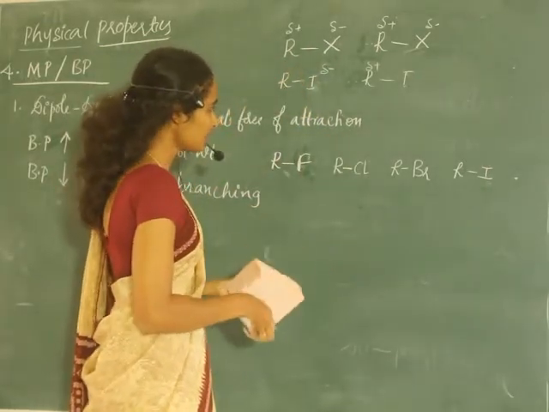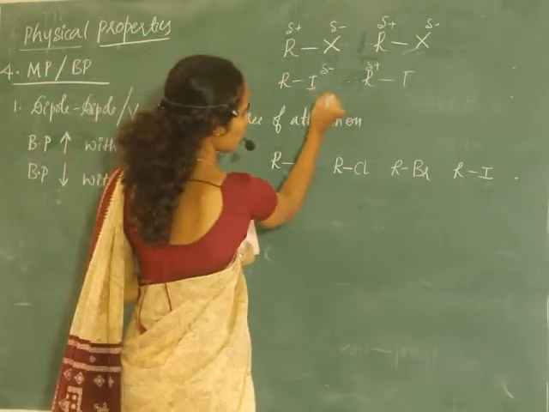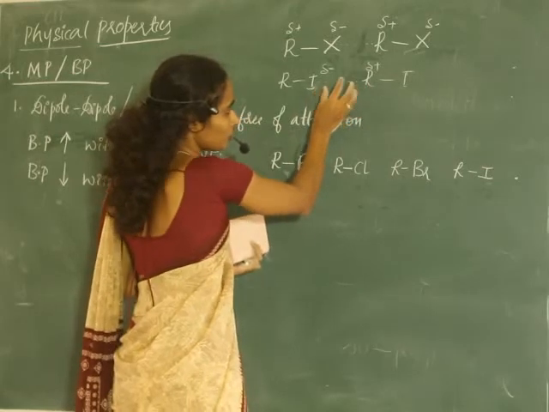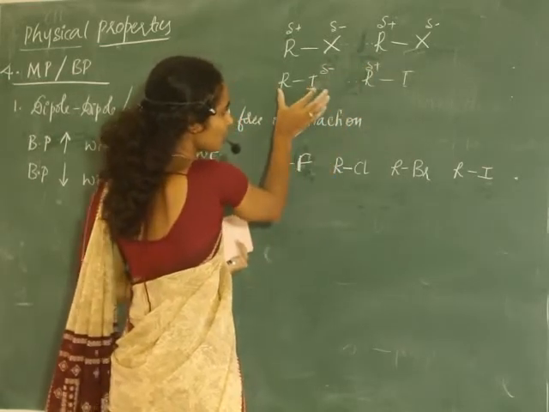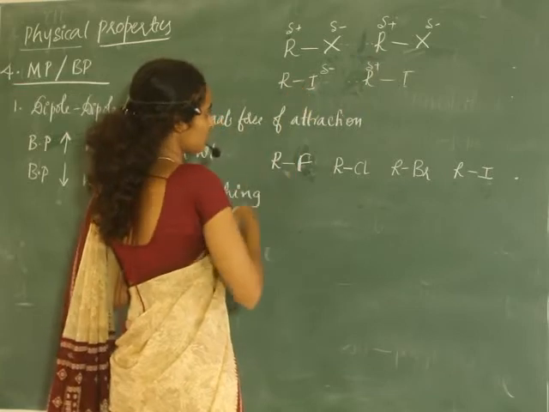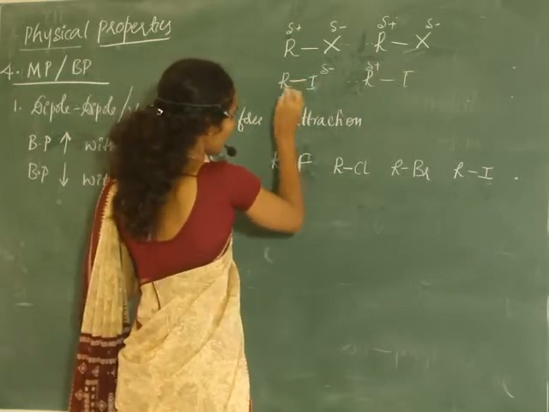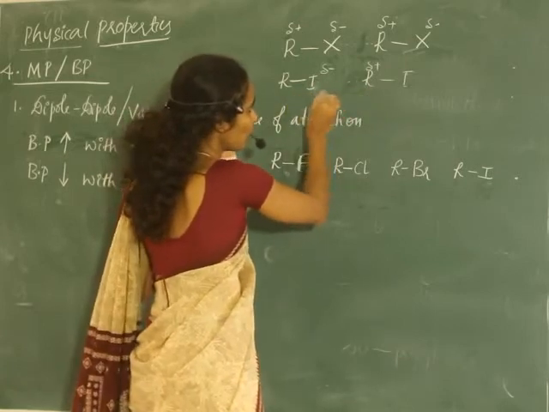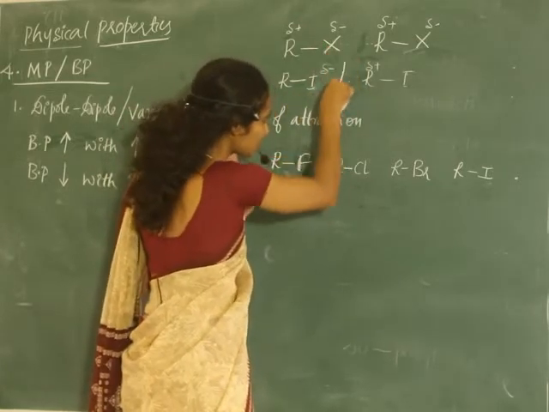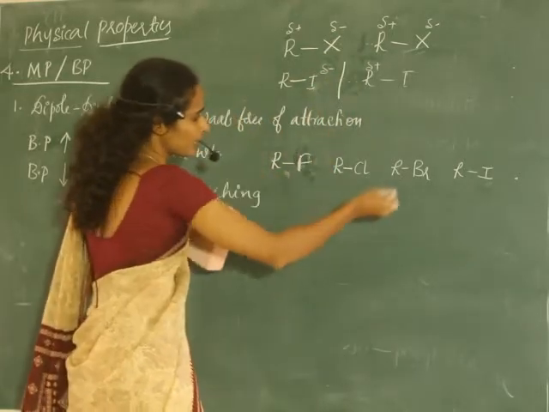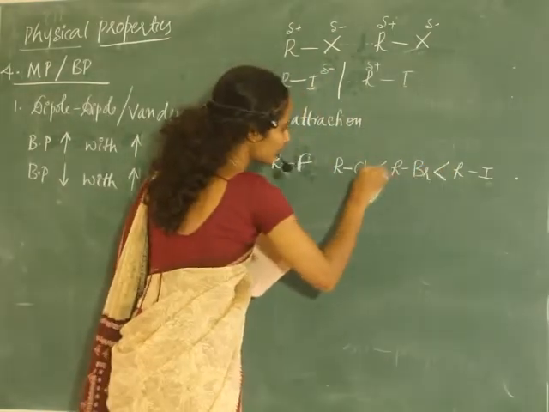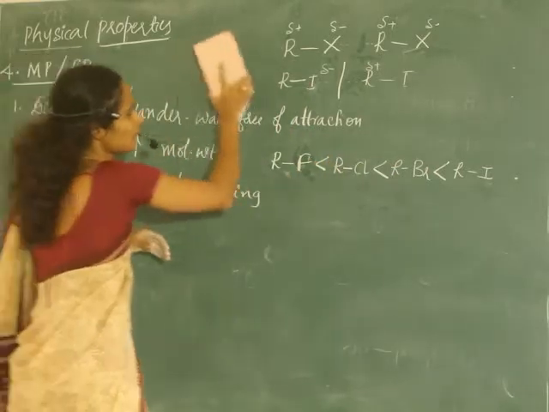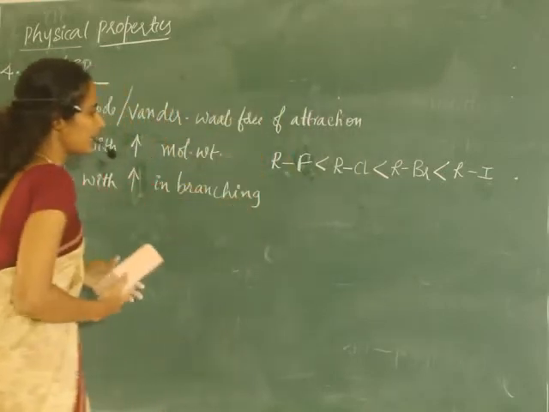Hence this interaction will be stronger and the intermolecular force of attraction will be greater. The alkyl and iodide bond is weaker, but this intermolecular attraction is very strong, and to boil we should break it. Hence, greater the molecular weight, greater the boiling point. It depends on dipole-dipole interaction or van der Waals force of attraction.